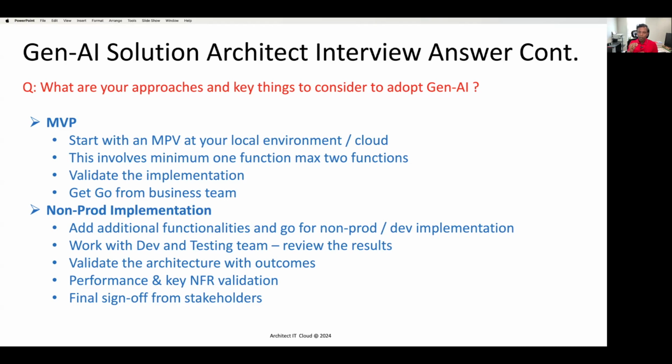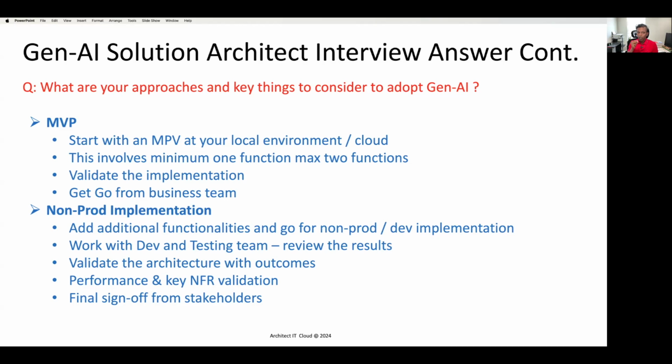And once after implementing this minimum of one or two functions in your environment or your public cloud service provider environment, validate the implementation, whether that particular function is working as expected. And also get a go from your business team. The business team knows more about the functionality.